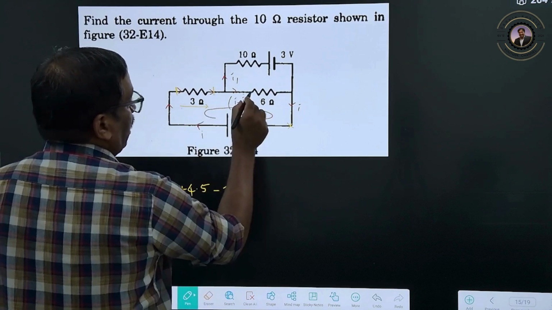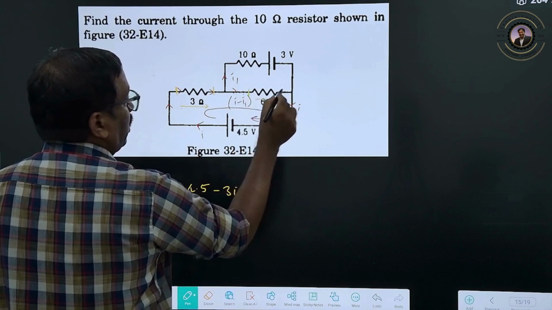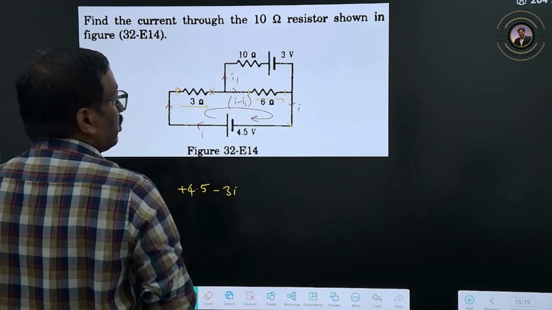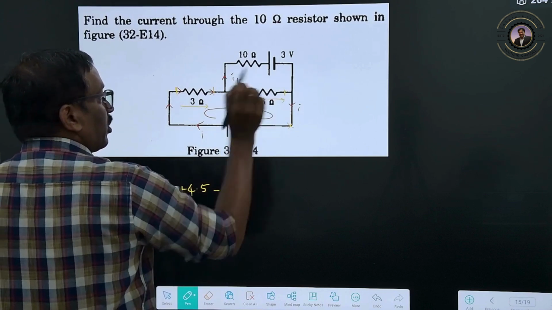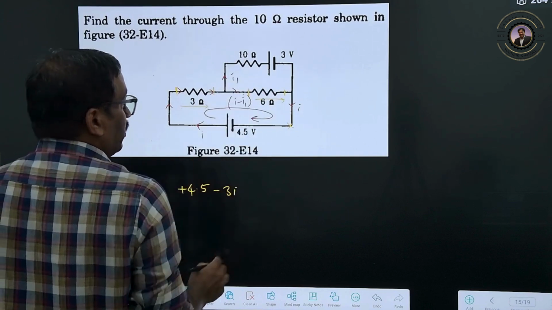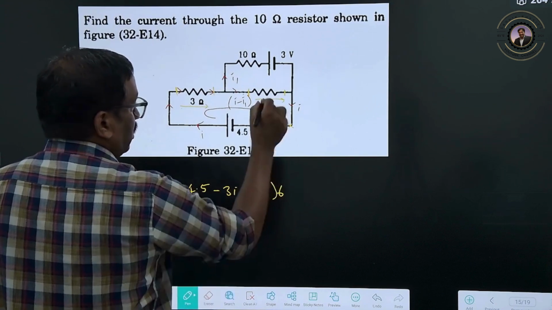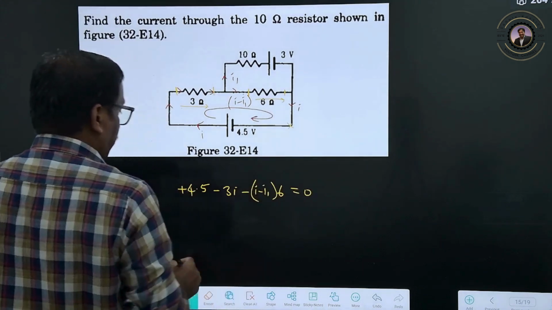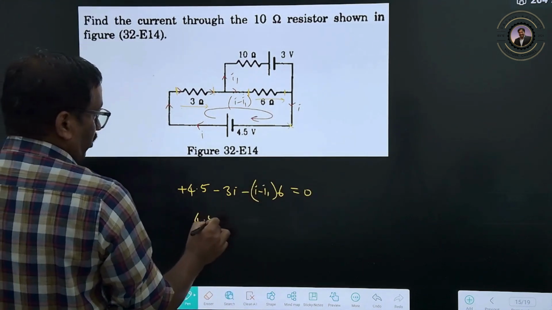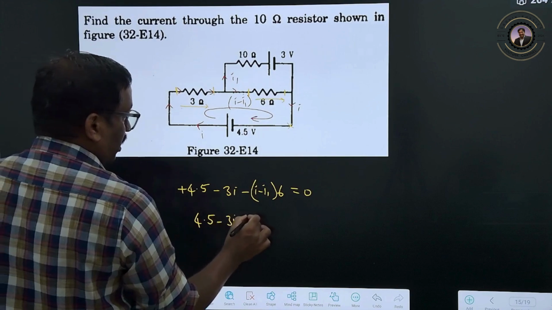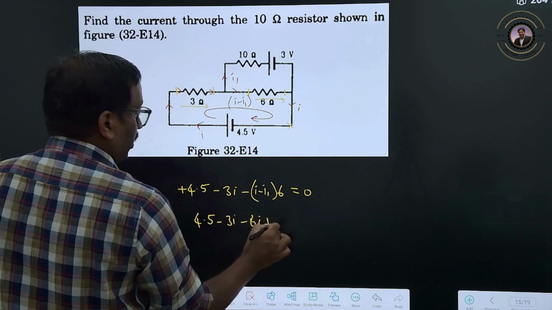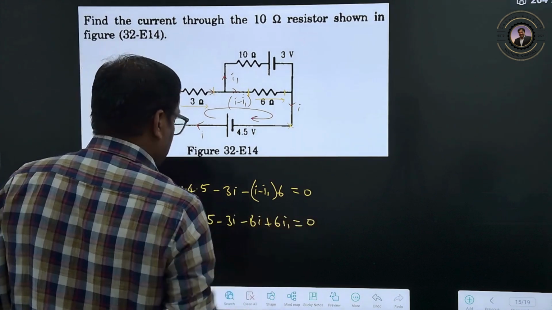Again I am going from here to here, higher potential to lower potential, means decreasing, minus I minus I1 into 6, equal to 0. Therefore 4.5 minus 3I minus 6I plus 6I1 equals 0.